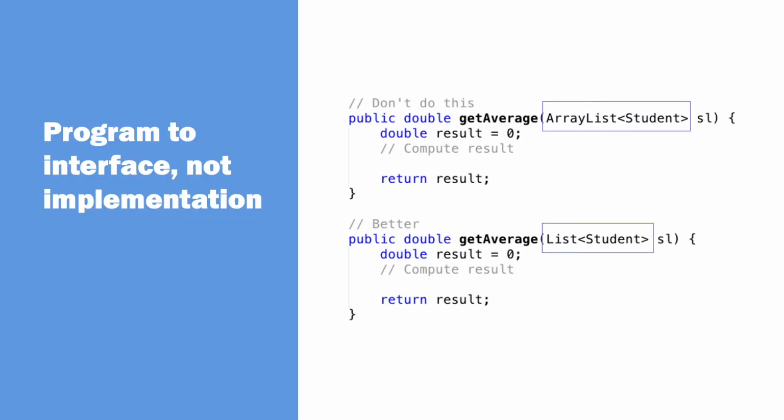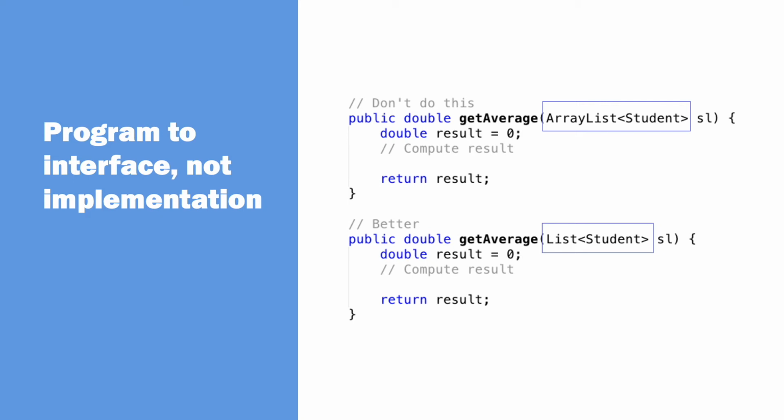Another best practice I want to discuss is program to interface, not implementation. We can make our code more flexible by using interface to declare variables, fields, parameters, and return type. For example, the getAverage method should take a list of students rather than an array list of students.